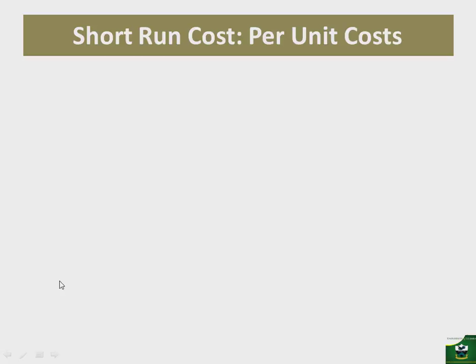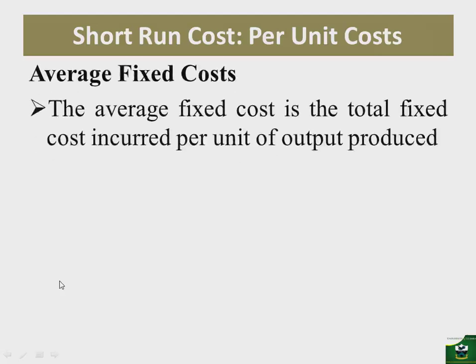So to start with, we can start with the average fixed cost, which is simply the fixed cost incurred per unit of output produced. In other words, this is the cost that the firm will incur at any given level of output. So we want to measure how much each of the output produced will cover or will take up from the fixed cost.